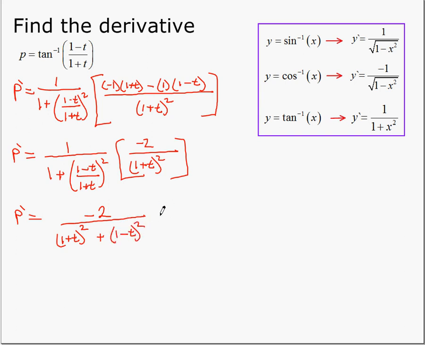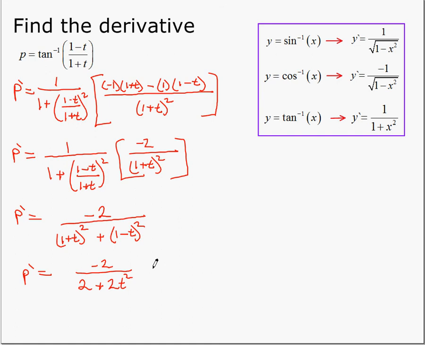And even that will continue to simplify. If you expand the brackets, you get 1 plus 2t plus t squared. And over here you get 1 minus 2t plus t squared, which you can work out if you want and show that the final answer for the denominator will be 2 plus 2t squared.